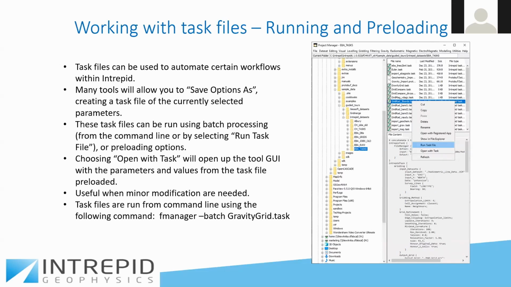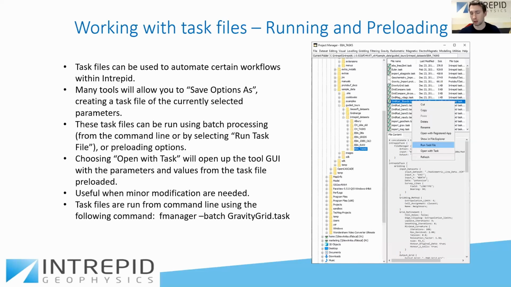Okay, we've got Adam back, so we'll continue. Now I'll talk a bit about the task files within Intrepid, especially running and preloading. We use the task files to automate workflows within Intrepid. Many of the tools will allow you to save your options after you've set everything up.